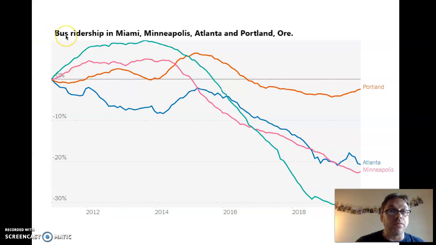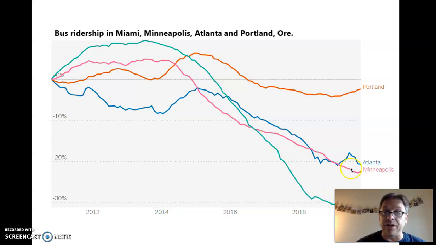We have a title: bus ridership in Miami, Minneapolis, Atlanta, and Portland, Oregon. So 4 different big American cities. And we can see them here as well. To visually help us, each of these cities also gets its own color.